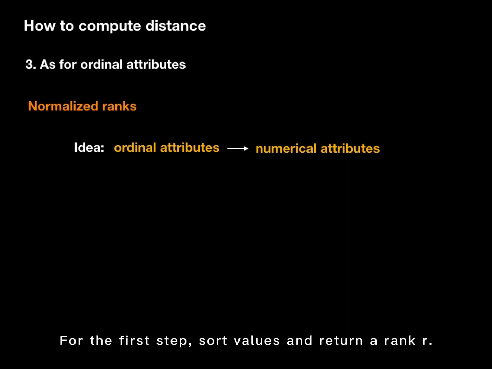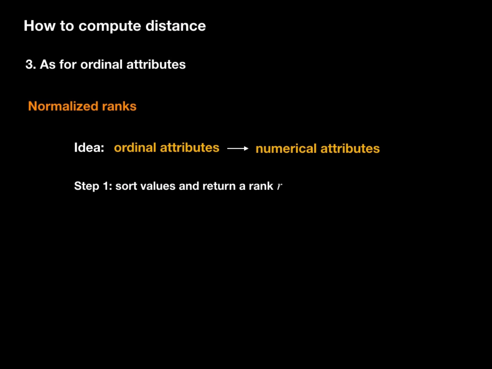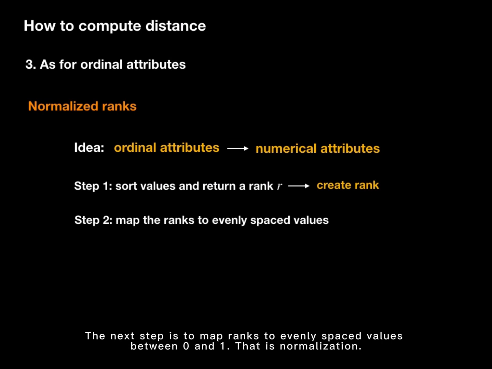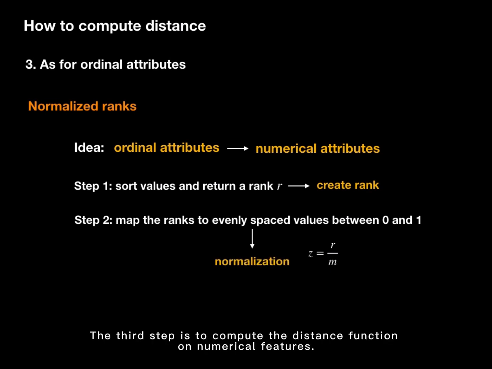For the first step, sort values and return a rank R. The next step is to map the ranks to evenly spaced values between 0 and 1. That is normalization. The third step is to compute the distance function on the numerical features.